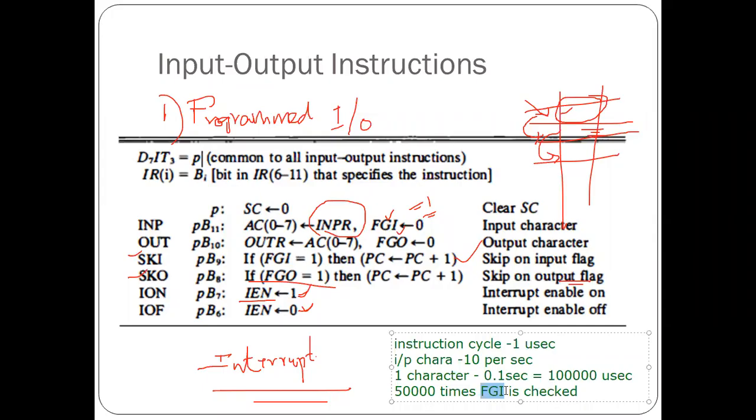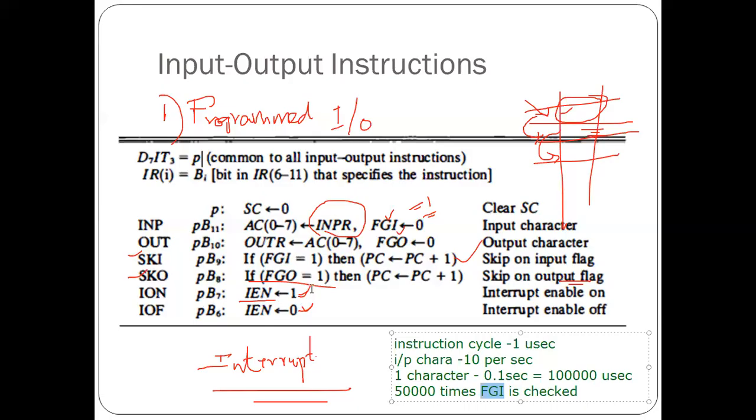To avoid this, an alternative to the programmed control procedure is the interrupt method. Let the device interrupt the processor whenever it is ready. Meanwhile, the processor will be busy in its own action. To support this concept, we use an interrupt enable flip-flop, which is called IEN.